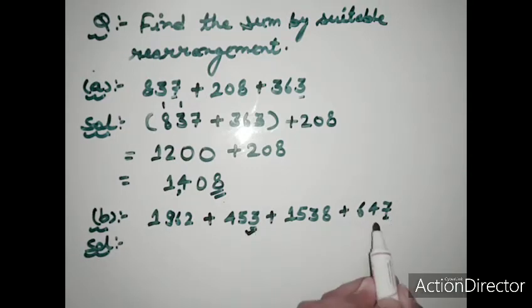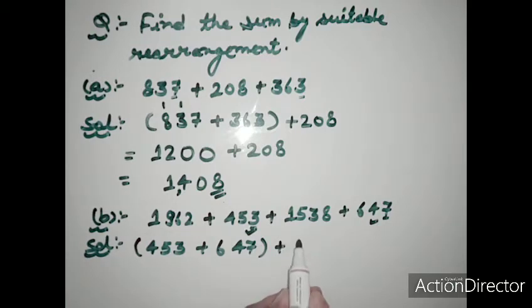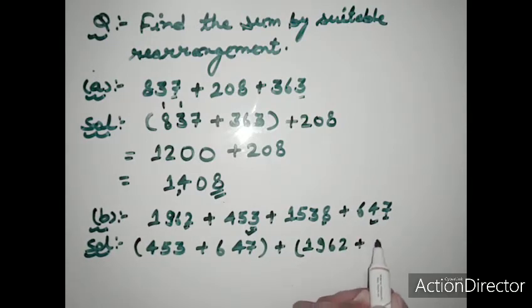So here we add these two numbers: 453 plus 647. Then after that 8 plus 2 is 10. So here we add these two numbers, 1962 plus 1538.